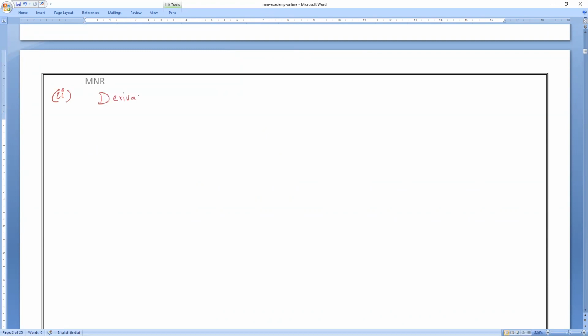Derivation of the second equation of motion.